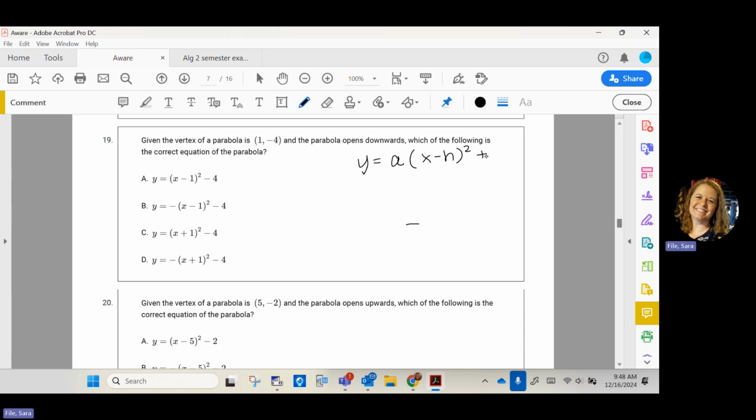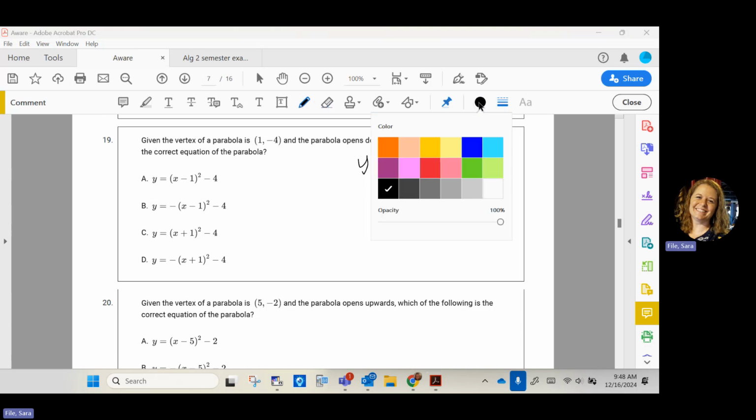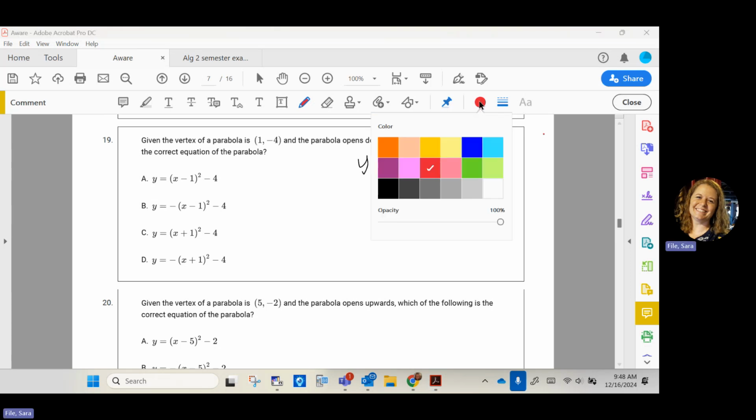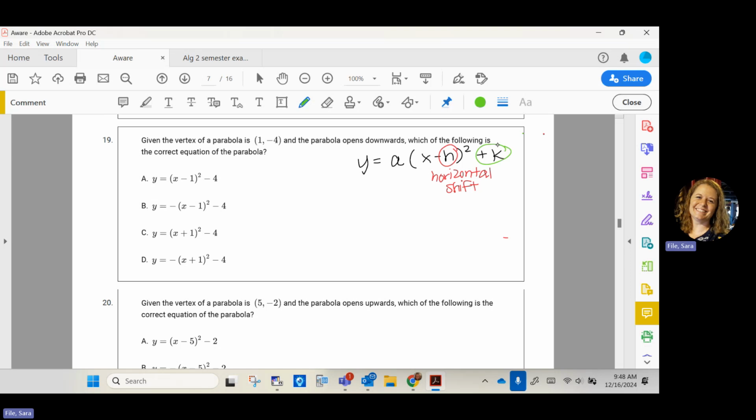So your x is inside with the h value. H is subtracted from x. So remember that that h is telling you your horizontal shift. And your k is telling you your vertical shift.